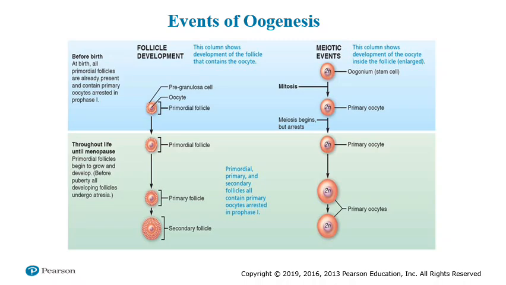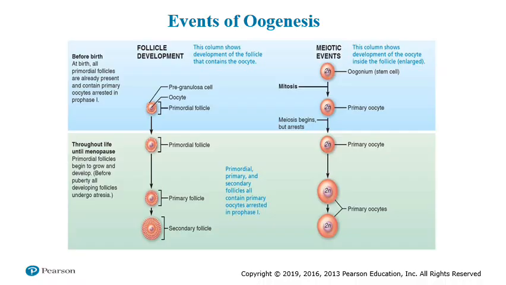When we're born and throughout our life until our menopause, the primordial follicles begin to grow and develop. And before puberty, all of the developing follicles pretty much will undergo atresia. The primordial follicle will now mature into a primary follicle.